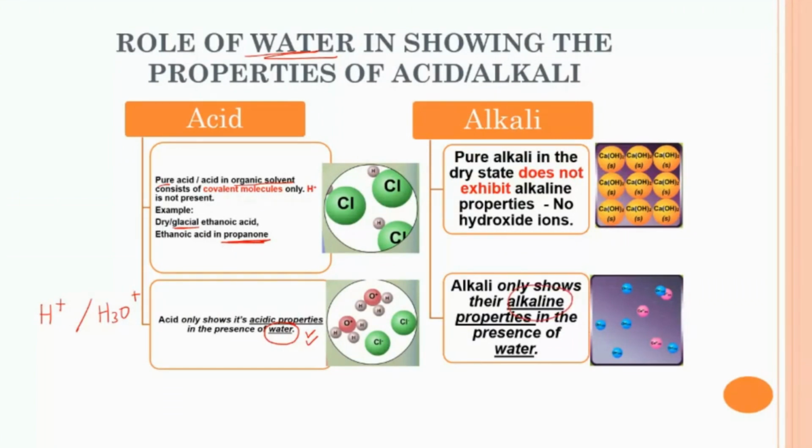So that's why sometimes in the exam there is a table like this. Let's say HCl in solvent A, then solvent B. So hydrochloric acid in solvent A cannot react.